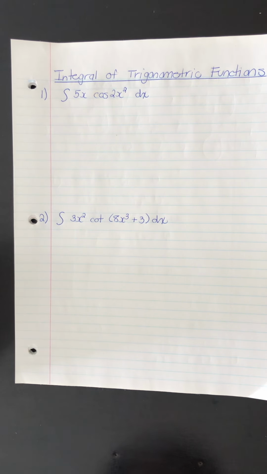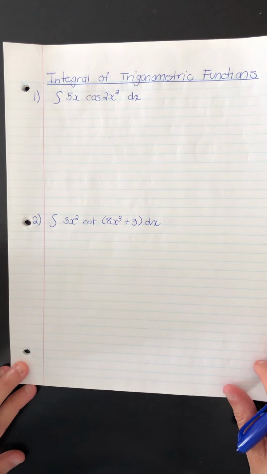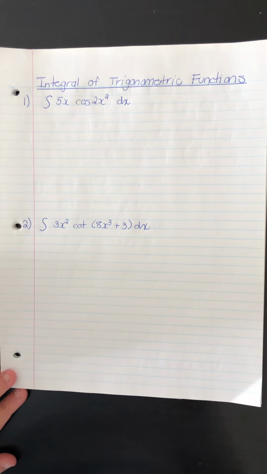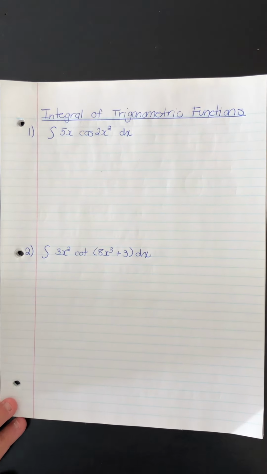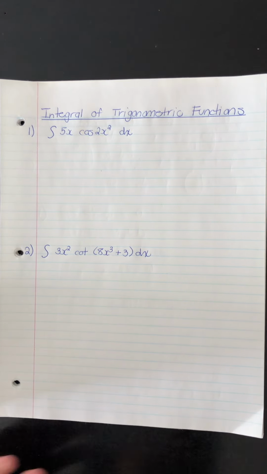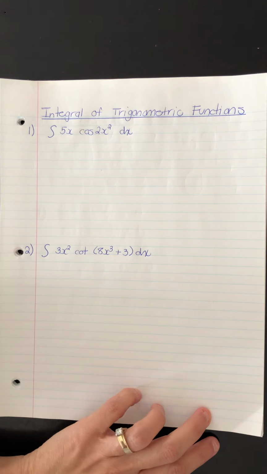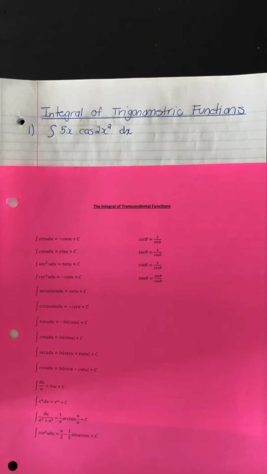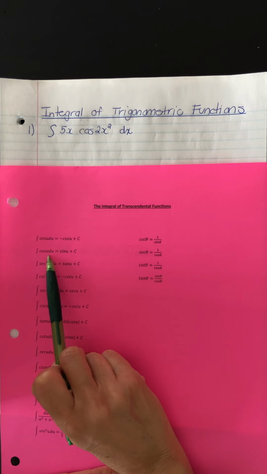In example 1, we are finding the integral of 5x multiplied by the cosine of 2x squared. And we're taking the integral, of course, with respect to x. So if we take a look at our sheet here, I'm going to draw your attention to this second rule here.